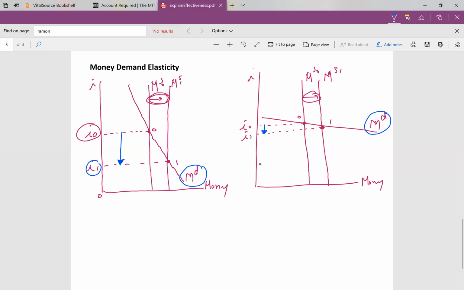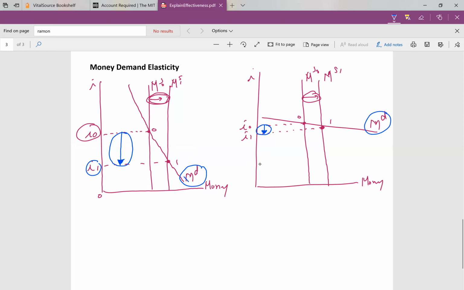The decrease in the interest rate is much larger when the money demand is inelastic, more vertical, than when the money demand is more elastic, a flatter, more horizontal money demand.